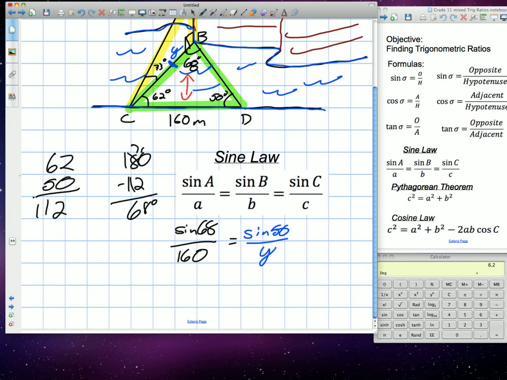We don't need to solve any parts of those sides of the triangle, so I didn't include it in the sine law. So, when I cross multiply 160 and Y, we get Y multiplied by sine 68 is equal to sine 50 multiplied by 160. Then I got to bring sine 68 to the other side of the equation. So I divide both sides by sine 68.